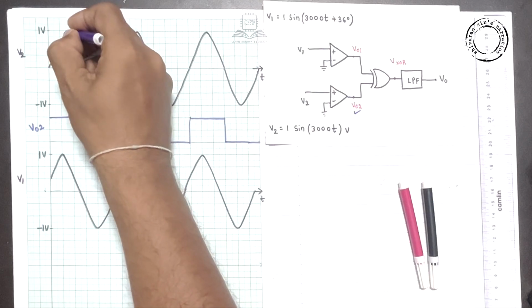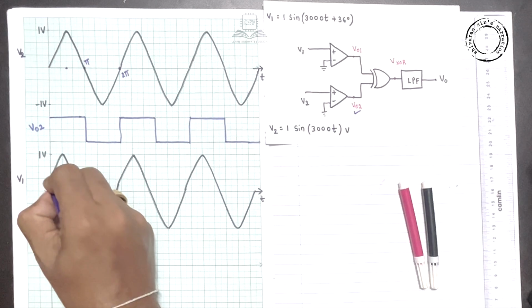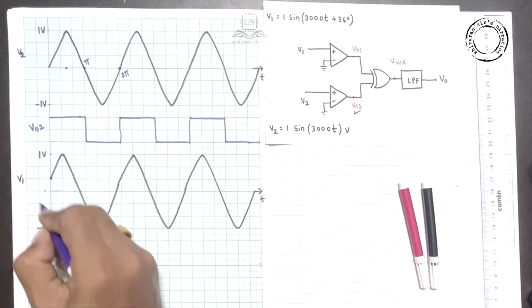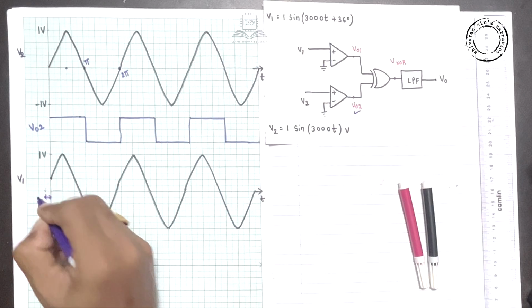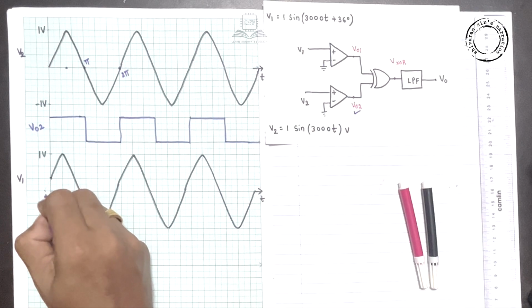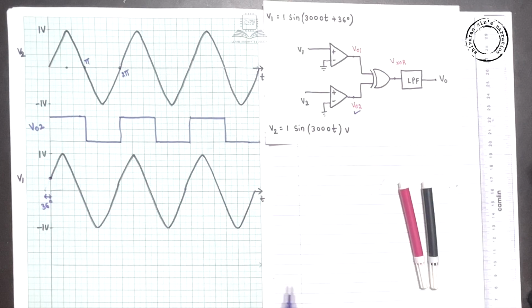Hence this will be pi by 2. Here I am taking this as 36 degrees. So everybody, this is very crucial. Remember that this particular half box in this graph sheet represents 36 degrees phase shift.